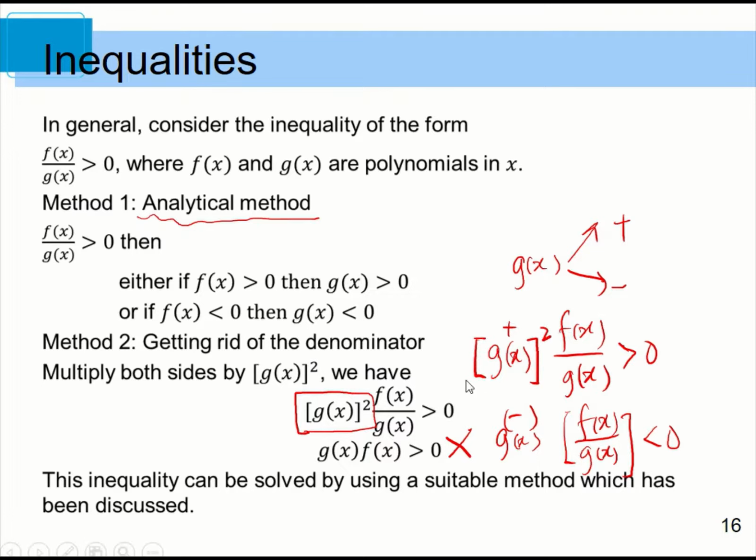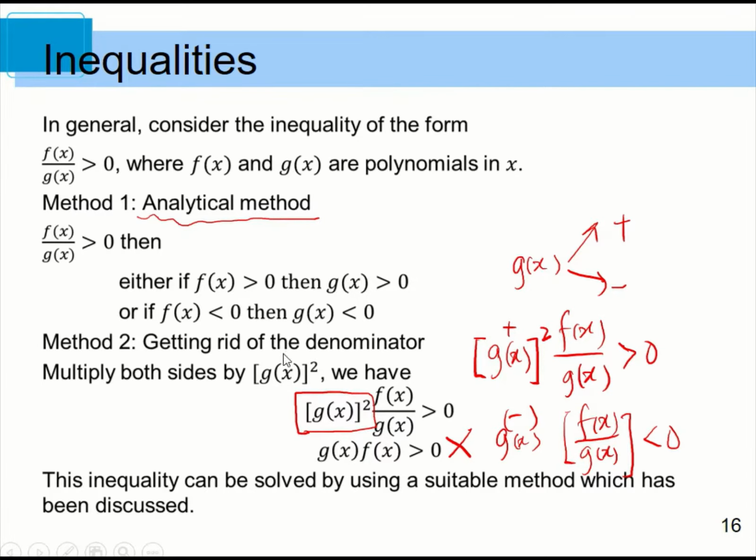When we square g(x), the value is always positive, and by doing this, the sign will remain the same. After we multiply, we simplify the inequalities and find the solutions of x.